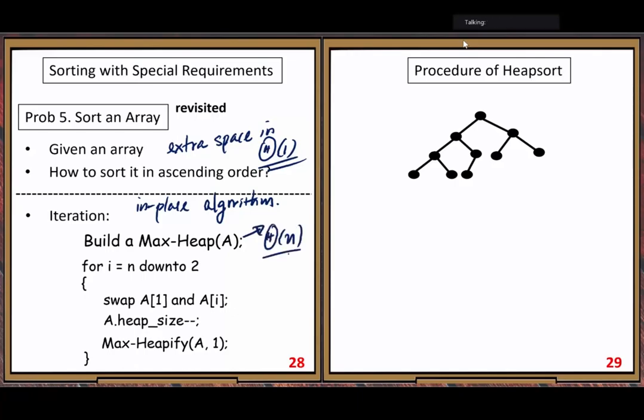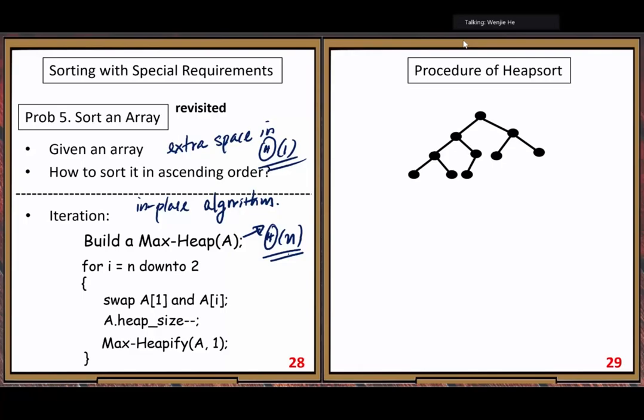That's not too much, so we can accept it. But for this for loop, how much work? How many comparisons and swap operations do we need? We need to estimate.